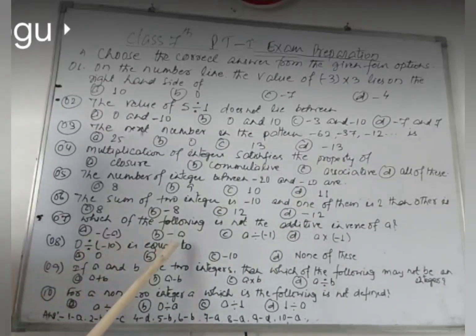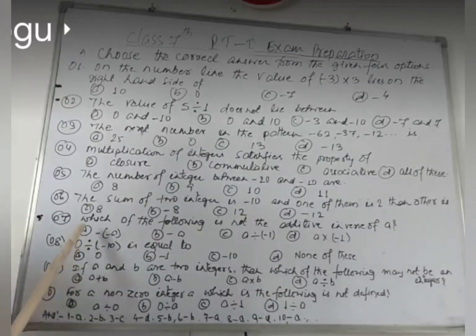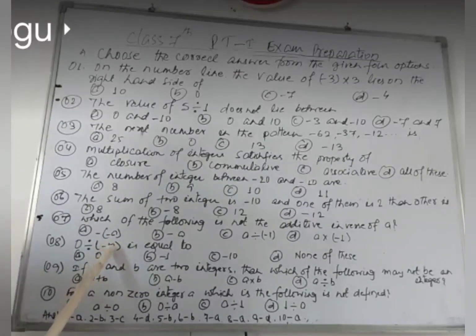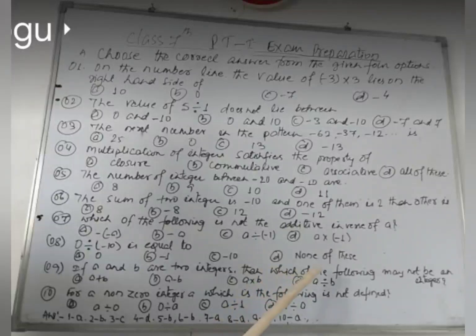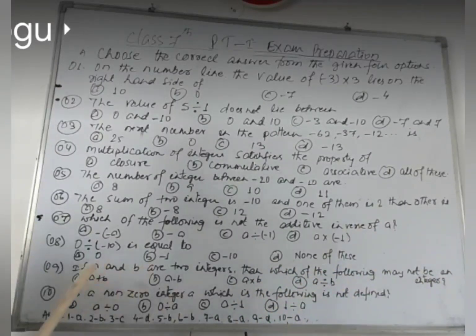Here 0 divided by 1 is equal to the answer of 0 divided by -10, equal to which of these, or none of the above. If A and B are two integers, then which of the following may not be an integer?